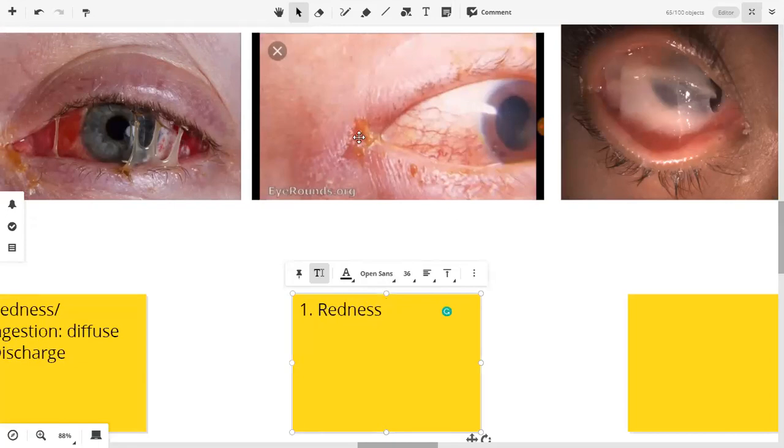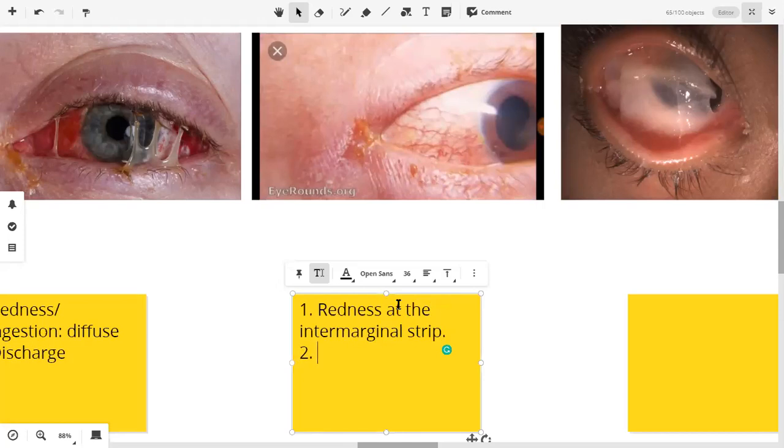The area which exactly aligns with the closure of the lids, where the eyelids close. This redness is confined to that area. Okay, this area is called the intermarginal strip. That is our first finding in this picture.